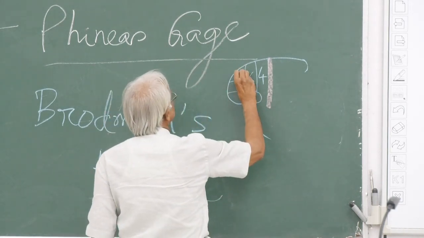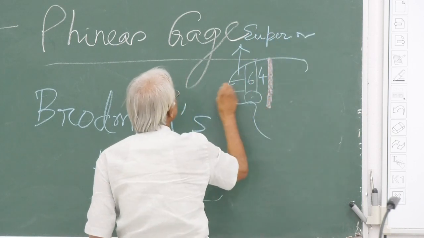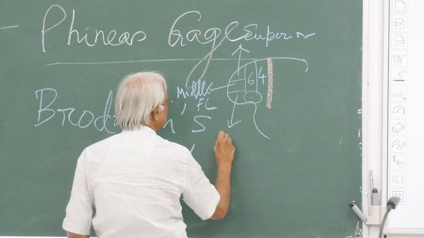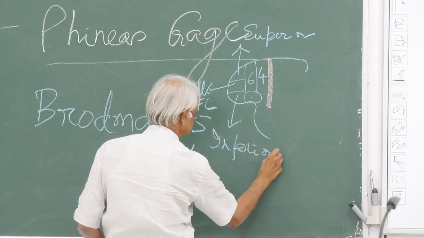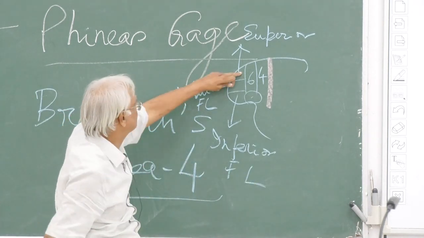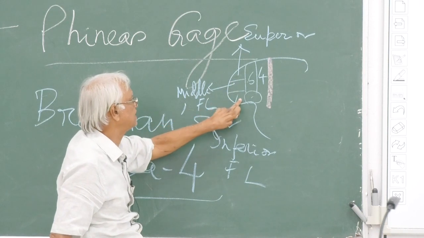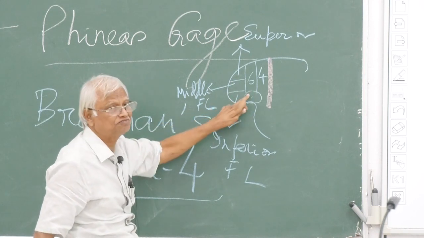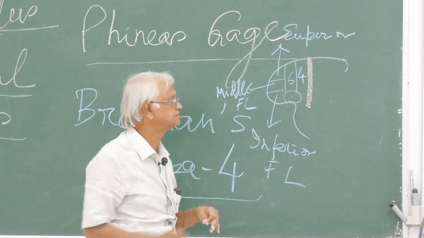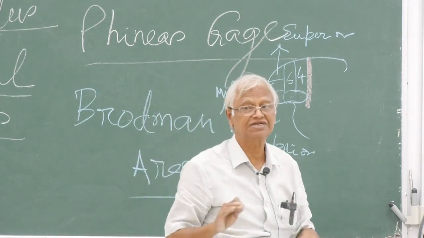This is the superior frontal lobe, this is the middle frontal lobe, this is the inferior frontal lobe. Behind the inferior frontal lobe, there is another area close to the parietal lobe called Broca's area. We will come to that later.